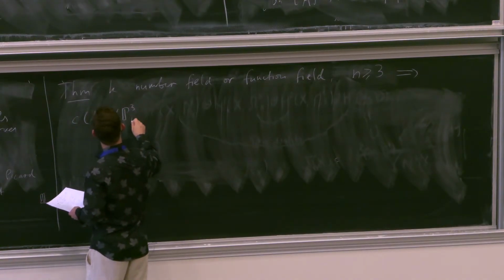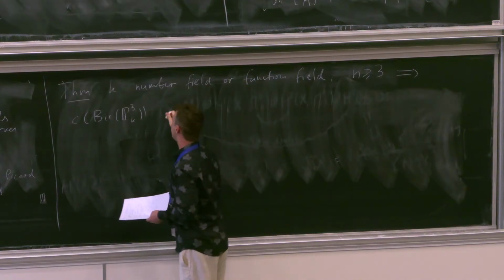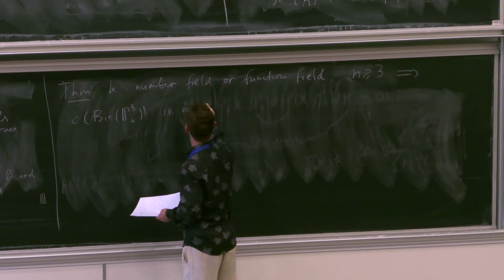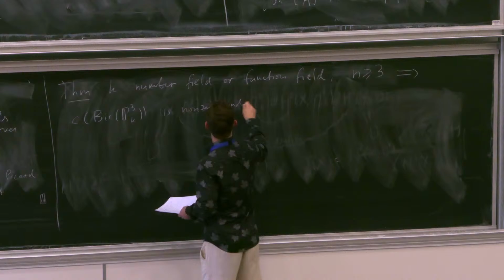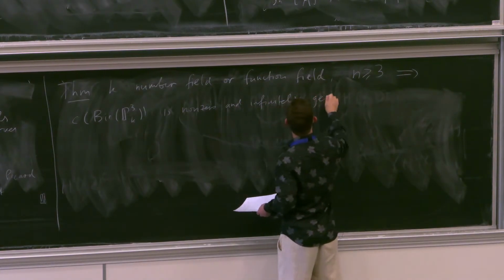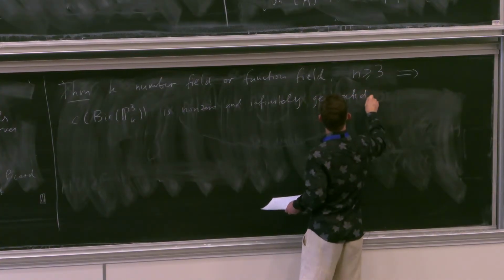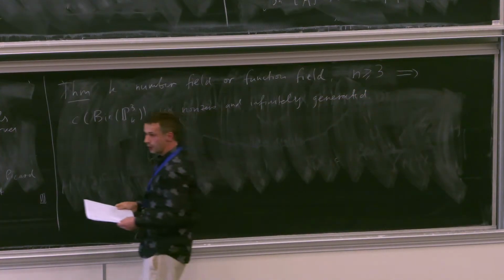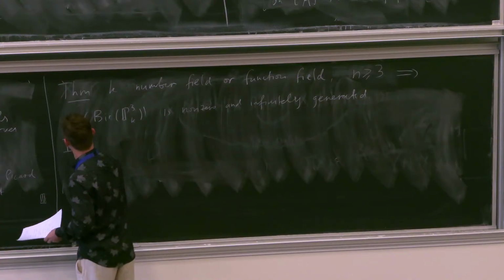I'm looking at P3 over K. So Cremona 3 is non-zero and infinitely generated. Yeah, because there was a question earlier.